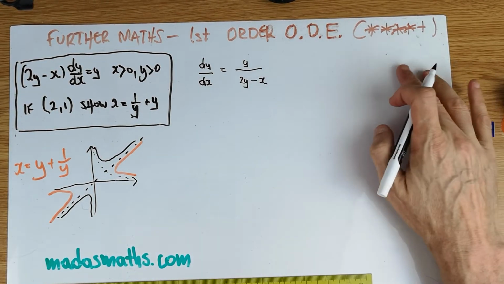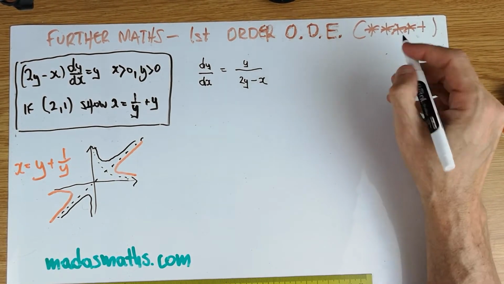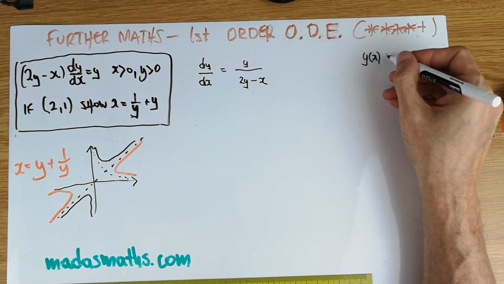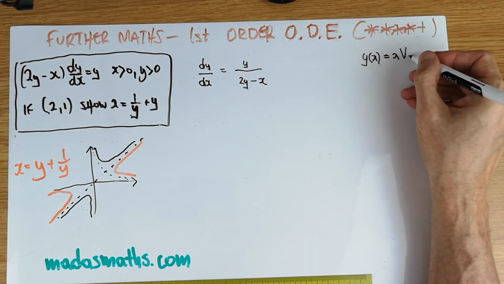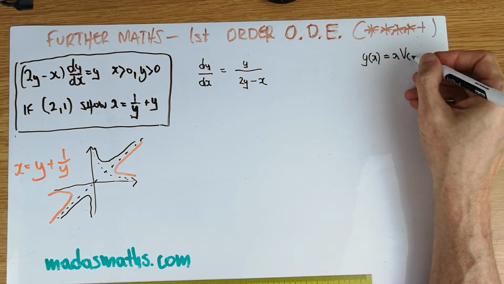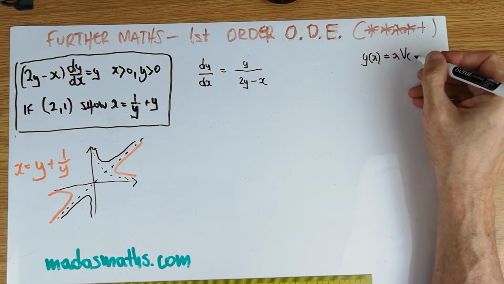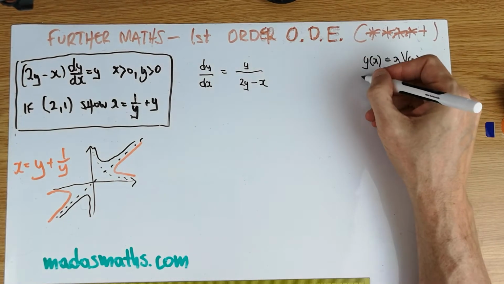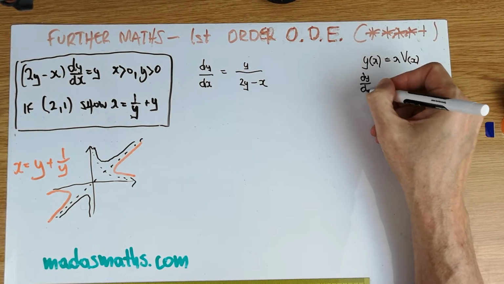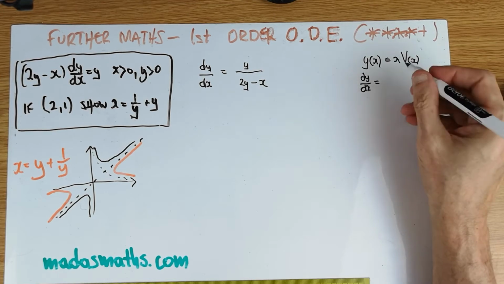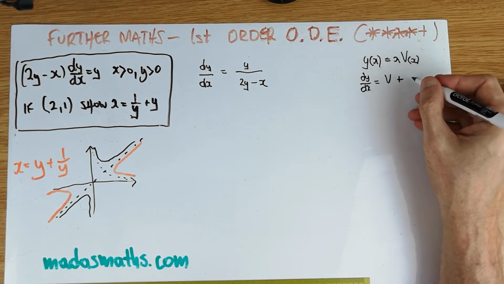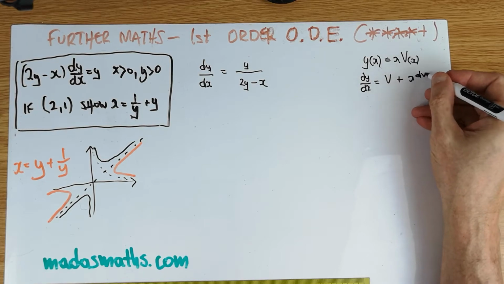So the substitution that works for something like this is very, very simple. It's a standard substitution. y as a function of x is x v of x. So dy by dx, I'm going to leave the arguments, is of course 1 times v of x plus, leave the x alone, x dv by dx.